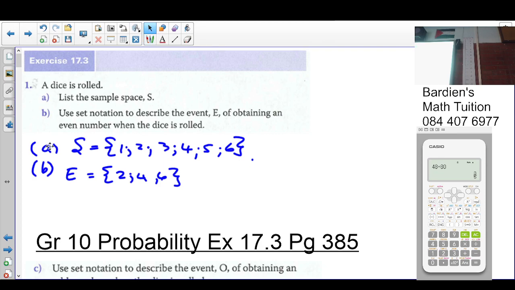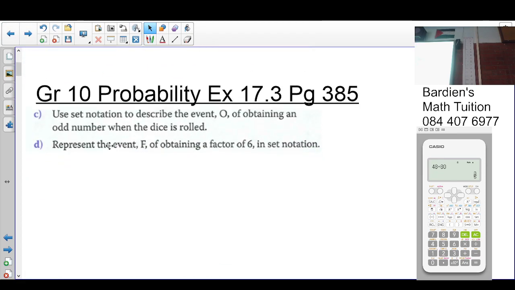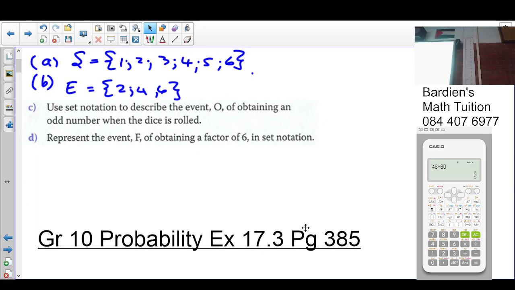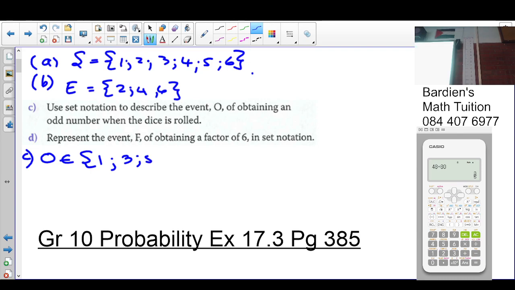Let's look at C. Use set notation to describe the event O of obtaining an odd number when rolling a die. So the odd numbers, for C, will be 1, 3, 5. Now D: represent the event F of obtaining a factor of 6.